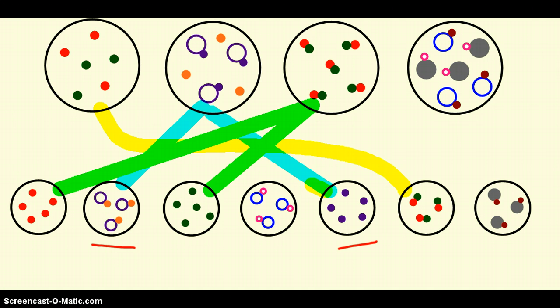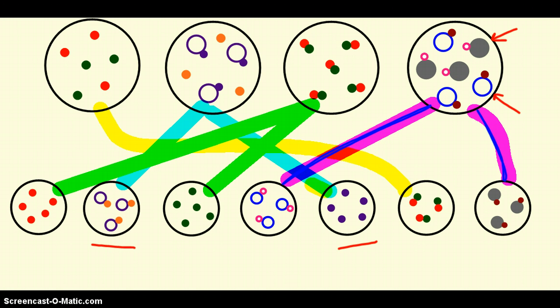So we see a gray circle and pink dot with a blue circle and a maroon dot. So we need to find the gray circle maroon dot, which is here, and the blue circle pink dot, which is here. So those are the reactants that created those products.